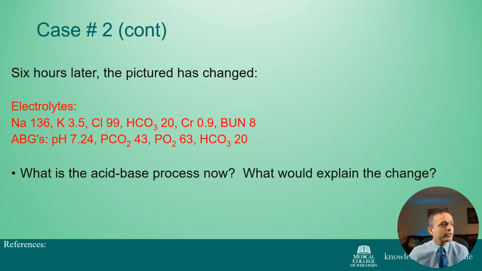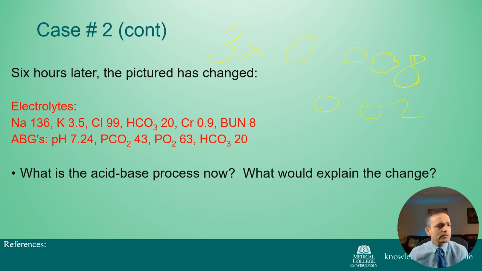6 hours later, the picture changed. And this is the BMP and ABG. Let's solve this. So pH went down to 7.24 and PCO2 is 43. So PCO2 went up from 40 to 43. So that is a delta of 3. So 3 times 0.008 gives 0.02.